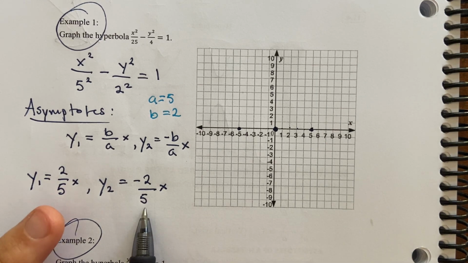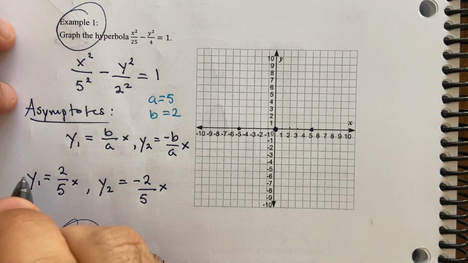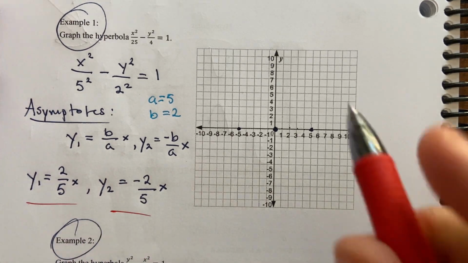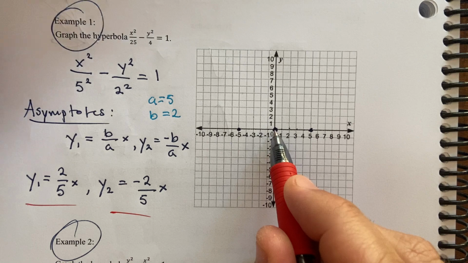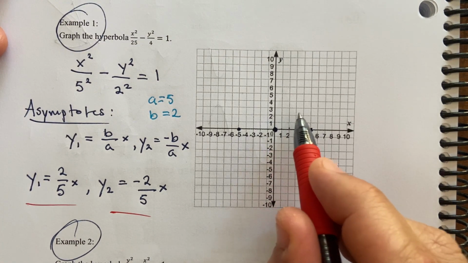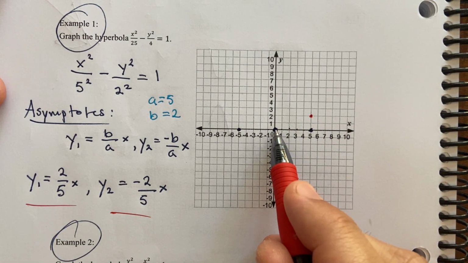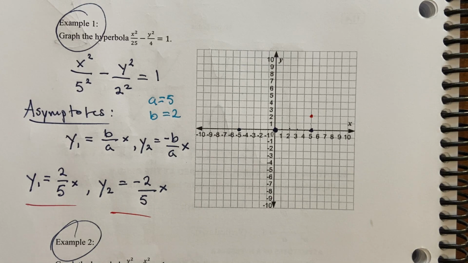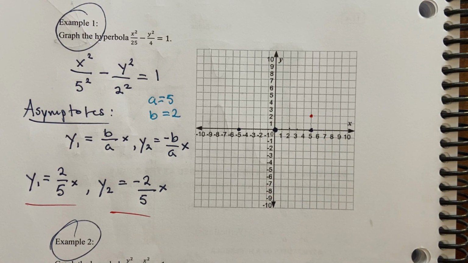So now you need to graph these lines. I'll do that in red. From the center, I'm now using this slope to count up 2 and over 5. Right? I wish I had a straight edge all of a sudden. That's okay.